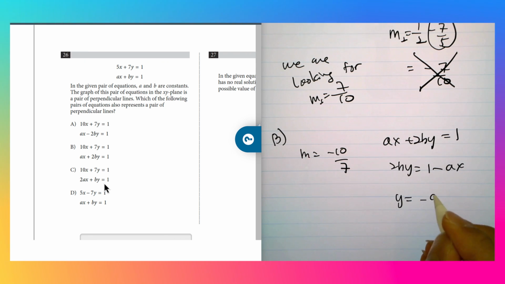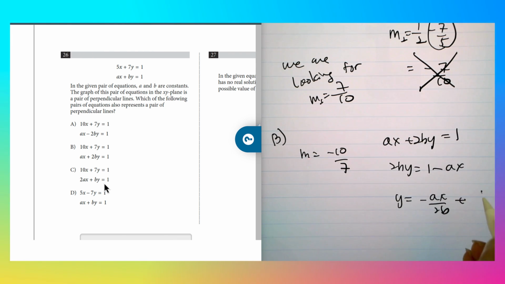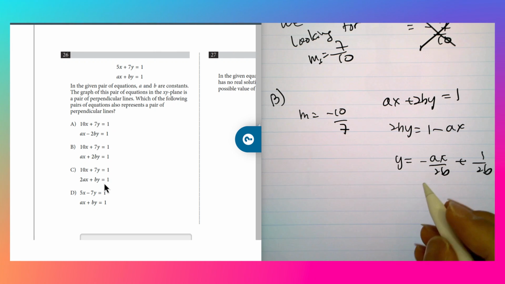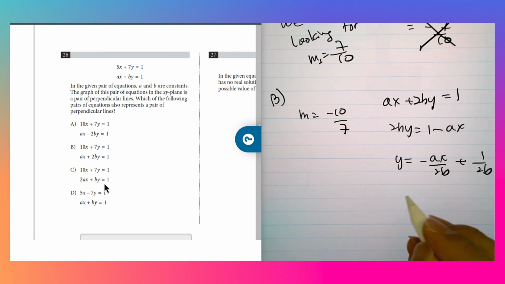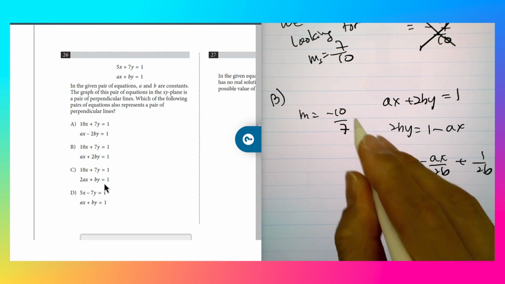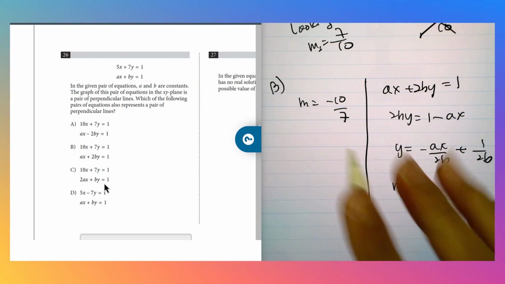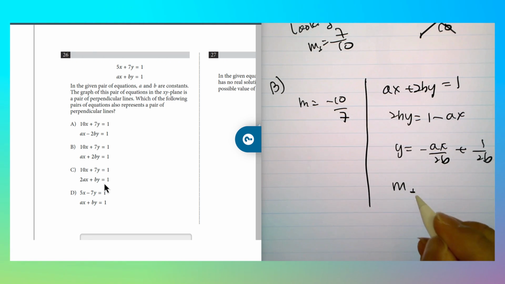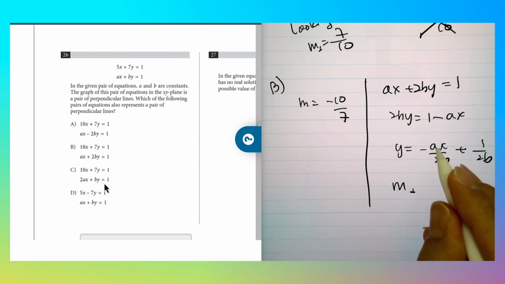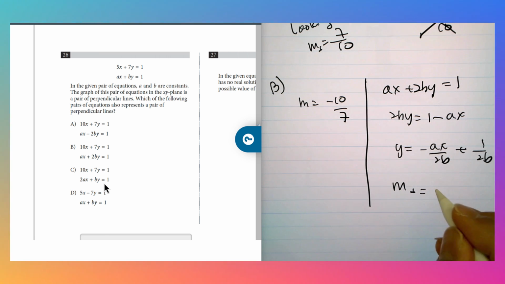Y is equal to negative ax over 2b plus 1 over 2b. Supposedly, because these two equations are perpendicular to each other, we're supposed to get 7 over 10.